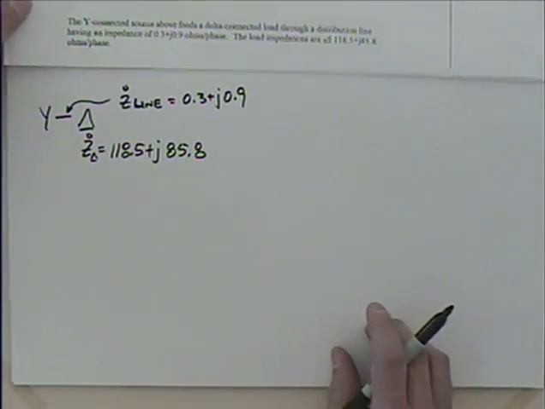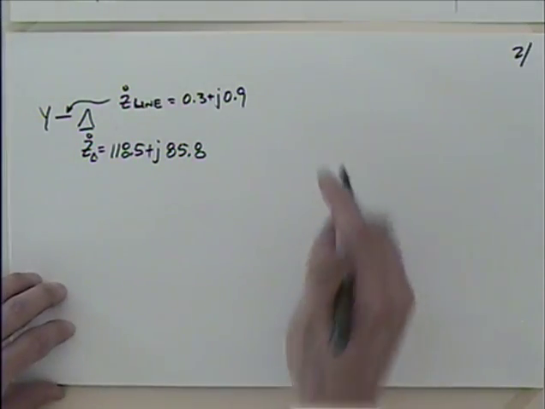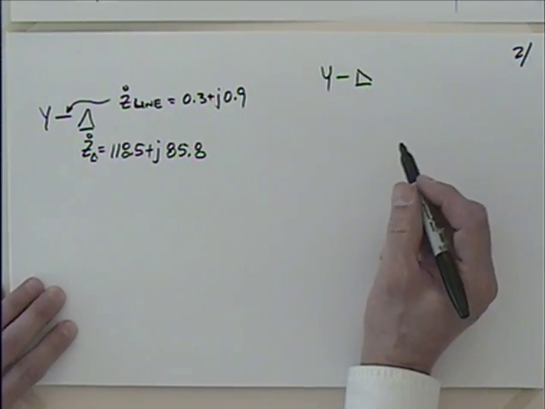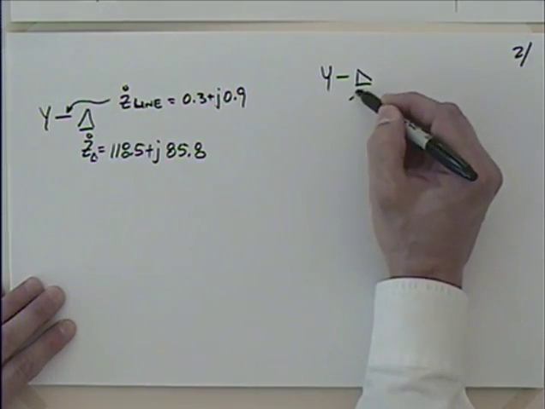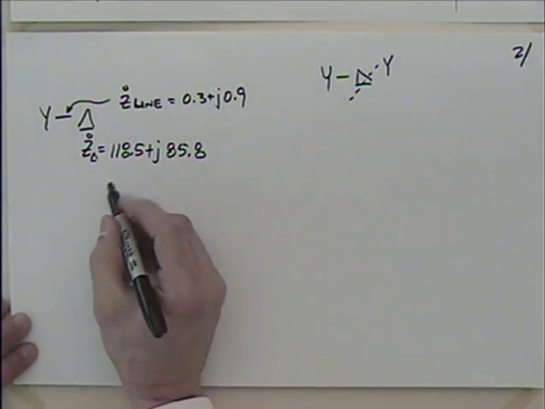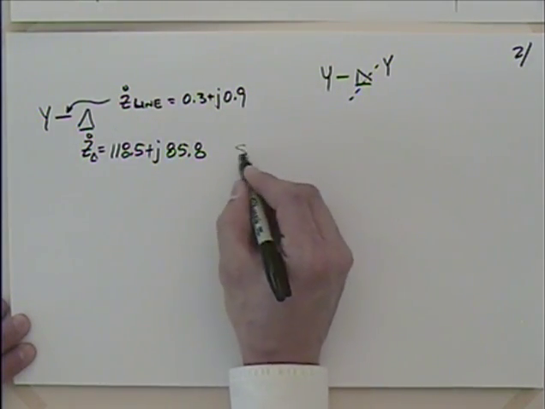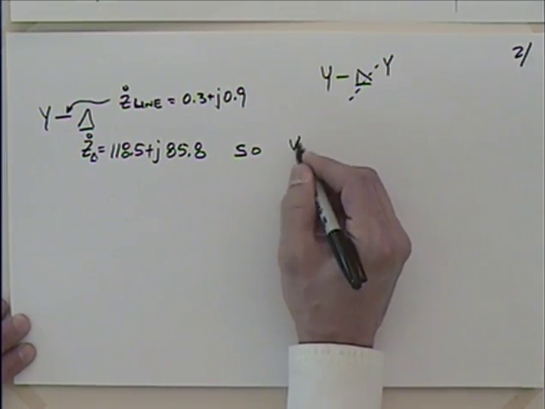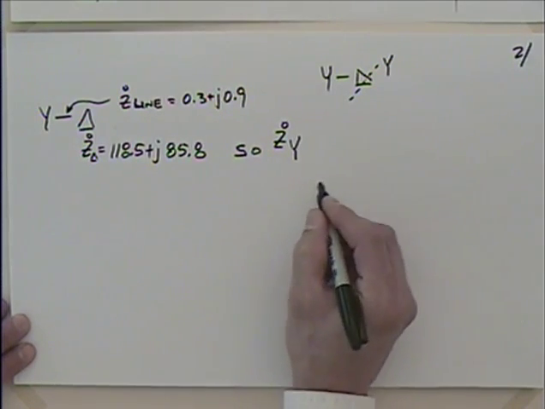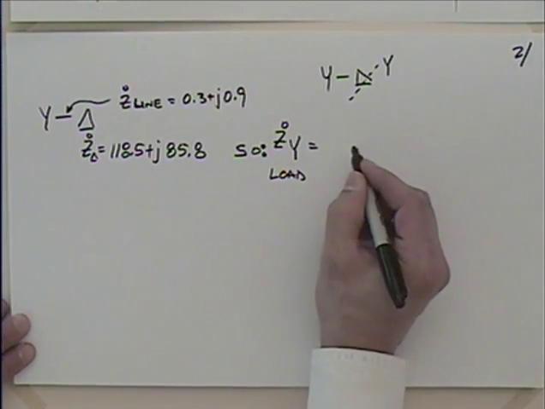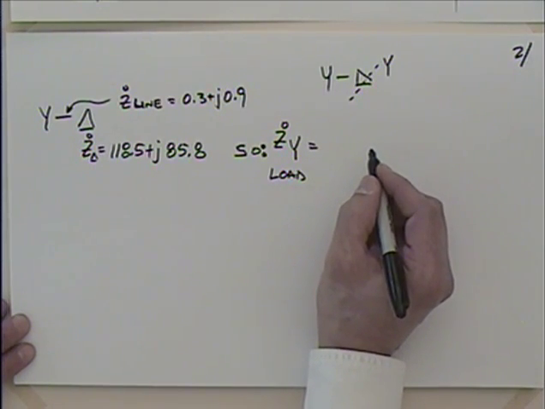So we have a classic Y-delta problem. And if I have a Y-delta, how would I like to analyze it? I would like to convert this to a Y. That's going to make my life a whole lot easier. So I'm going to say that this Z delta can be converted into a Y, so I could say that Z_Y for the load is equal to, what do we say about how delta relates to Y?